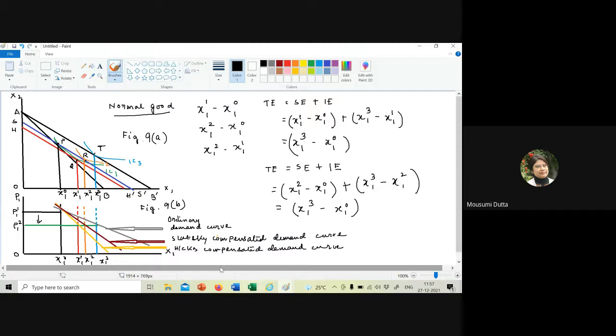If it is an inferior good, there will be some lesser consumption of X1. Whenever I have more money, if it is an inferior good, I'll buy less; if it is a normal good, I'll buy more. So by this logic, R will be to the right of Q if it is a normal good, and R will be to the left of Q if it is an inferior good.